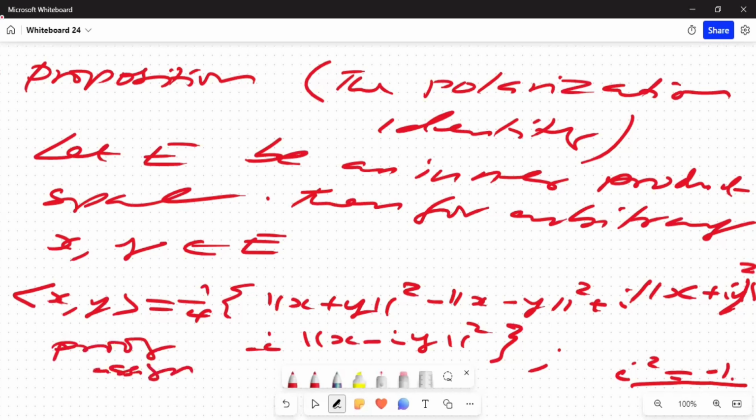Just expand this using your inner product the way I did the last one. When you expand it, you collect terms. So many things will cancel out. Then you'll be left with this one, so that this and this are exactly the same. All these properties are very important. We use them to solve certain problems in Hilbert spaces.